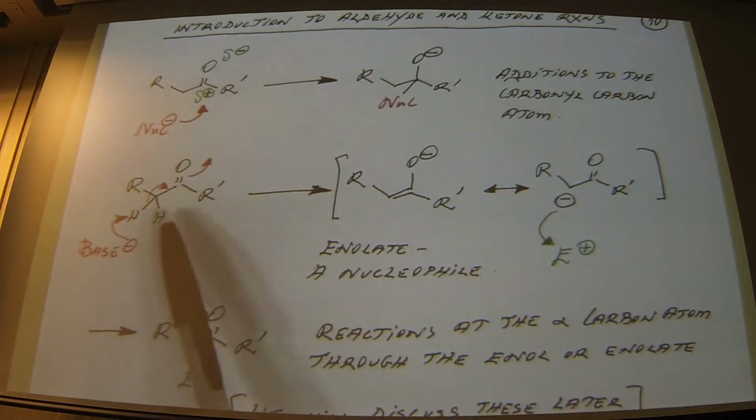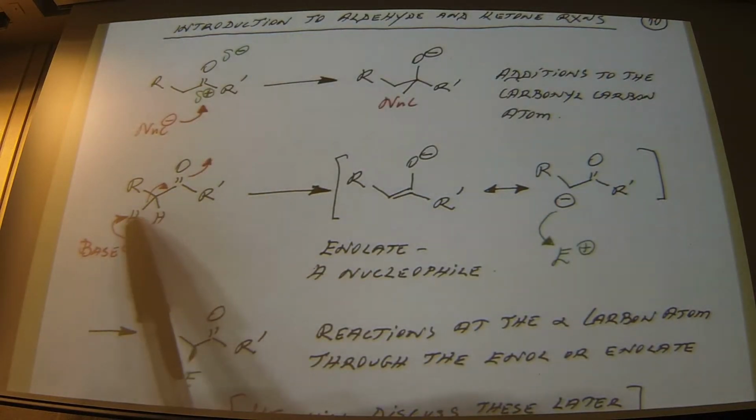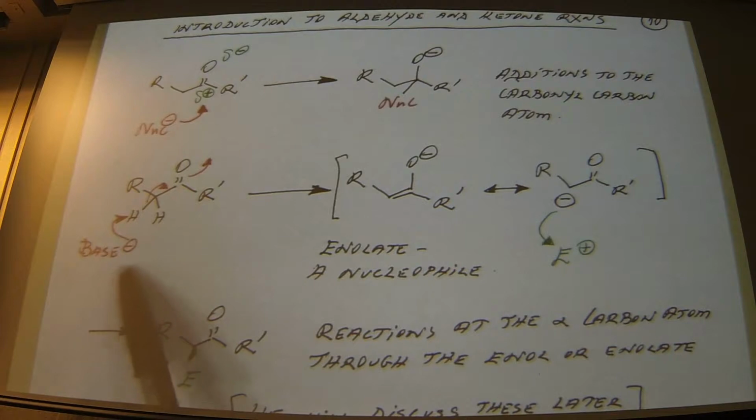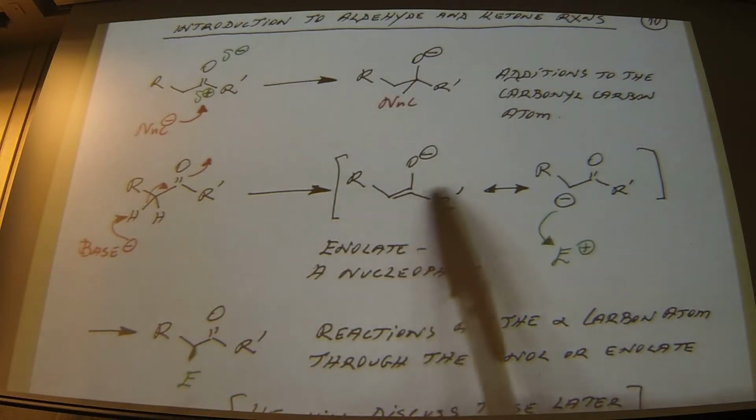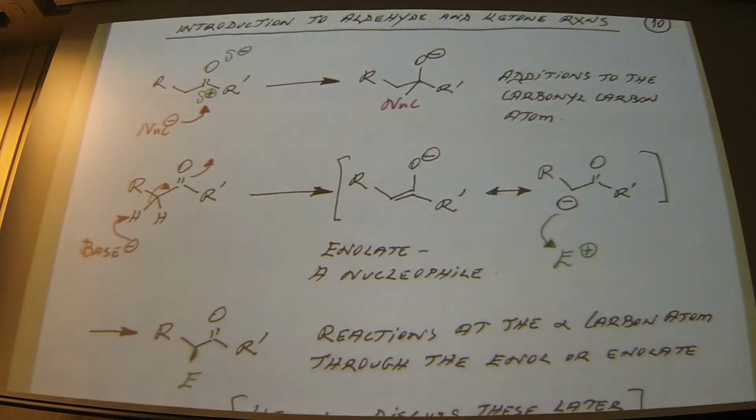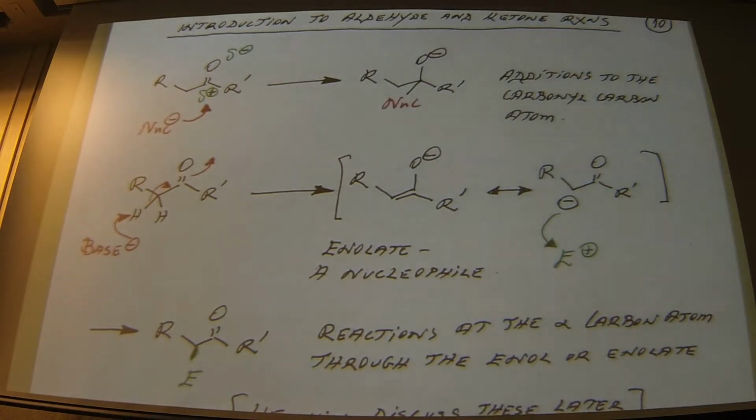The second type of reaction takes place at the relative acidity of the alpha protons. So these, as we'll see, these protons are quite acidic. They can be removed by base to form an enolate. Not an enol, but an enolate, right? I showed you this just this morning. I showed you that reaction of an enol, right?